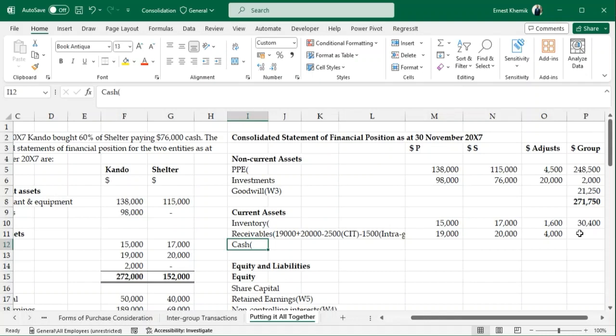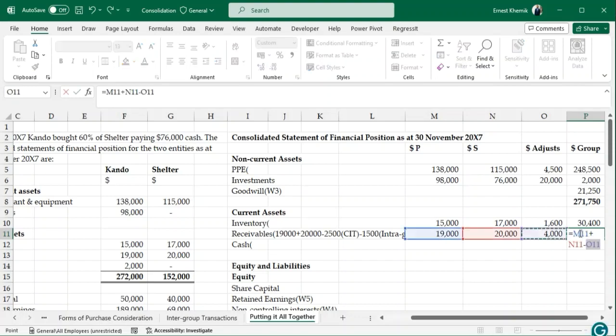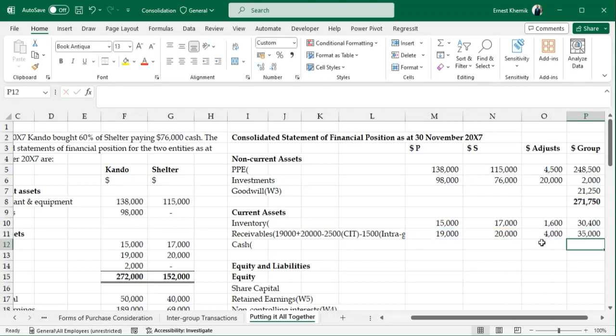So that is it. So I'll come here and then I'll have my 19,000 plus my 20,000 minus my 4,000, which is 35,000 for my receivables.